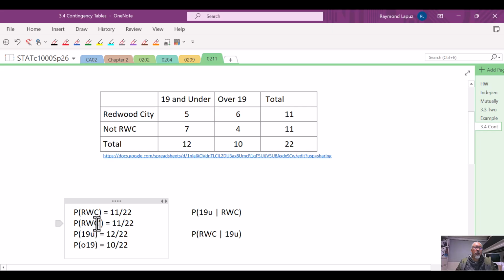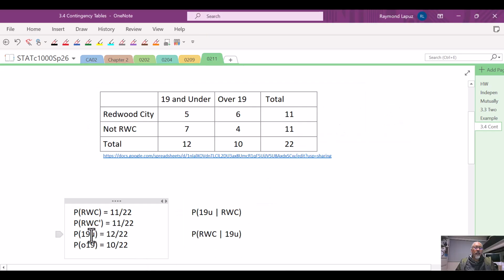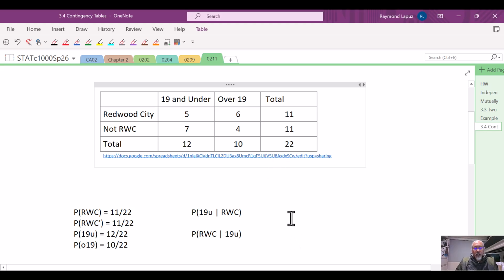RWC prime would be not in Redwood City, and that is going to be 11 out of 22. Okay, and then for 19 and under, and over 19, we got those to be these numbers over 22 as well.